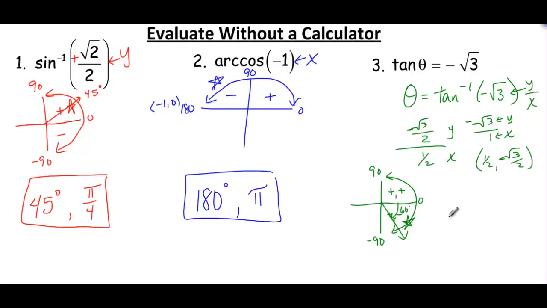So my degree is actually a negative 60 degrees, because if my reference angle is 60 and I'm going down, this is going to be a negative 60. Well, 60 is pi over 3. So negative 60 is negative pi over 3. So again, to answer this question, what angle has a tangent of negative root 3? The answer is negative 60 degrees or negative pi over 3.